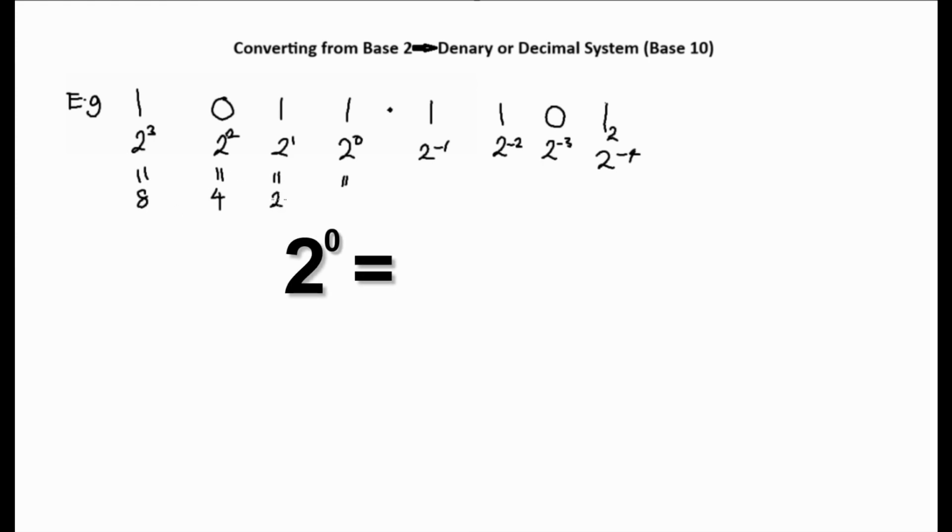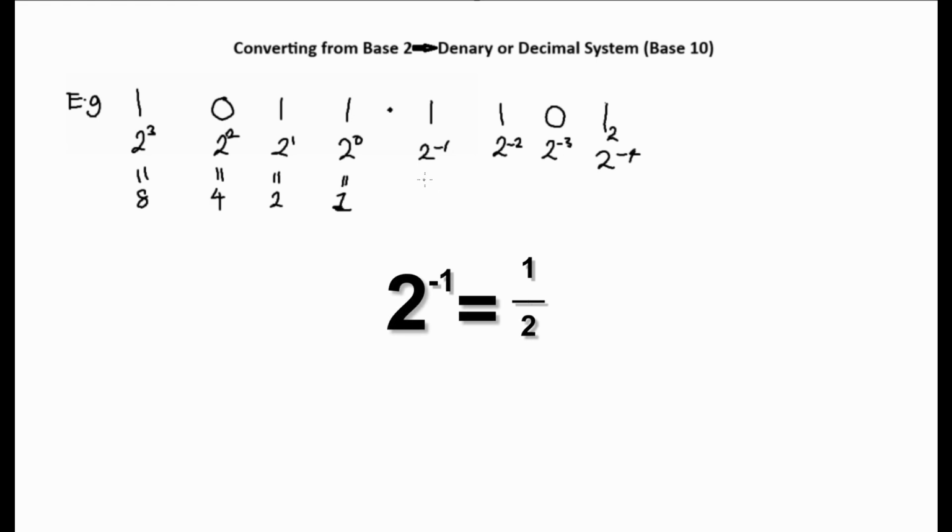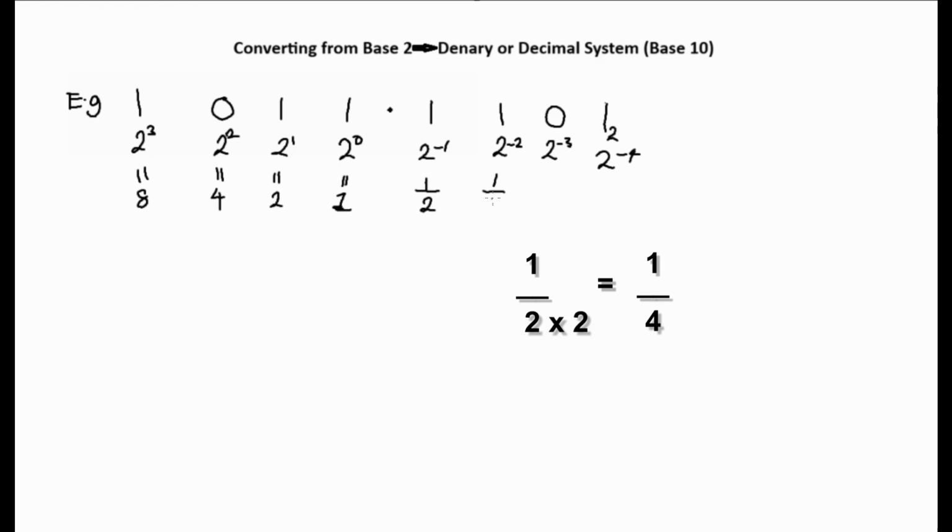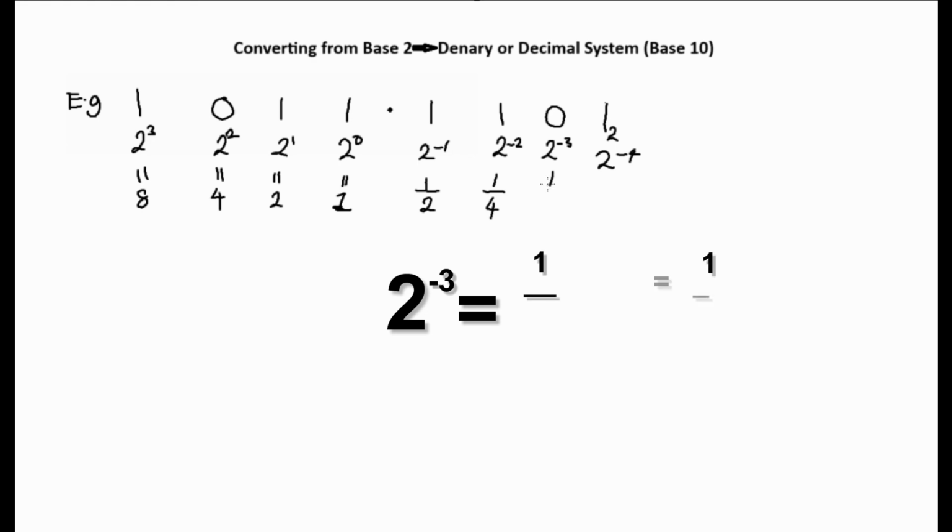and 2 to the power of 0, of course from the law of indices, anything to the power of 0 is 1, so 2 to the power of 0 is 1. Then 2 to the power of negative 1 is 1 over 2, 2 to the power of negative 2 is 1 over 2 times 2, which is 1 over 4. 2 to the power of negative 3 is 1 over 2 times 2 times 2, which is 1 over 8.